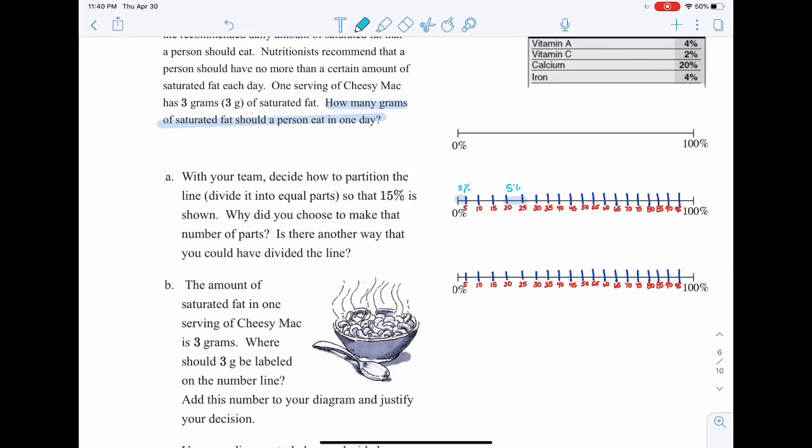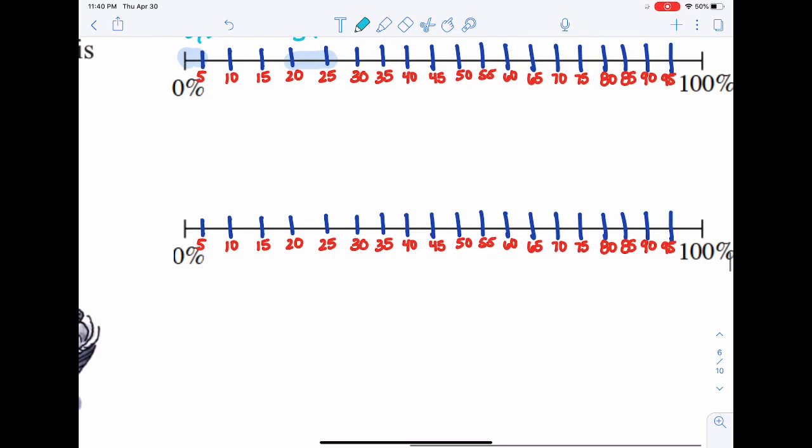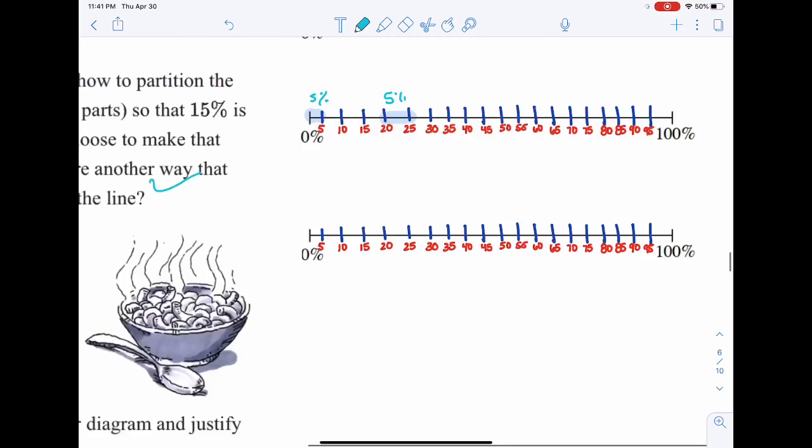Okay, so we answered both parts of those questions. It says the amount of saturated fat in one serving of Cheesy Mac is 3 grams. Where should 3 grams be labeled on the line? What do you guys think? Where should I label 3 grams of Cheesy Mac? I think right here. What do you guys think? Hopefully you said I was wrong. Because what did it say before?